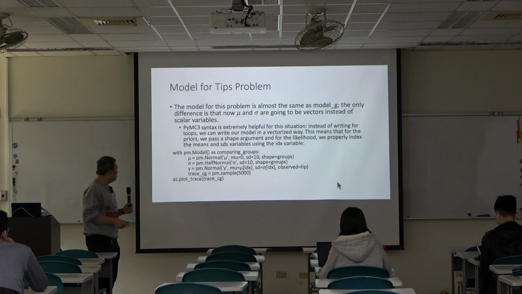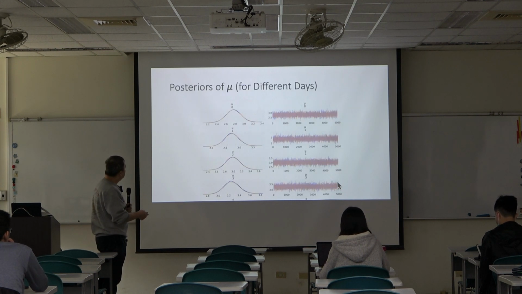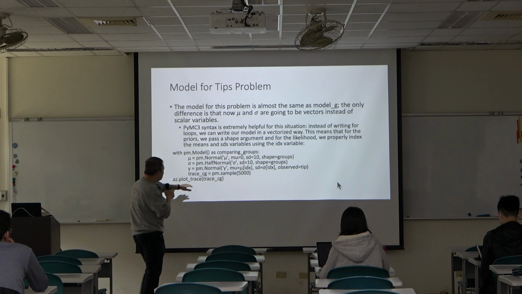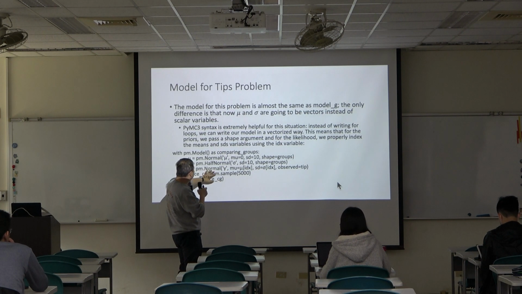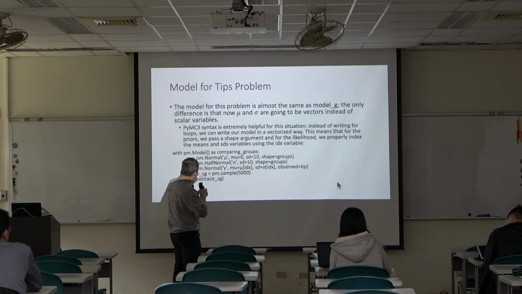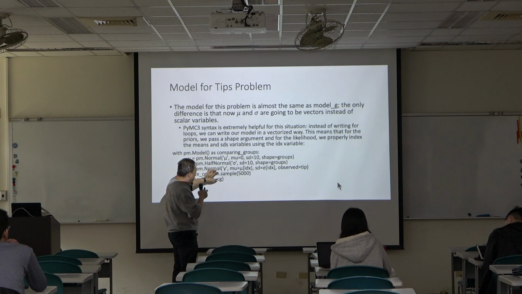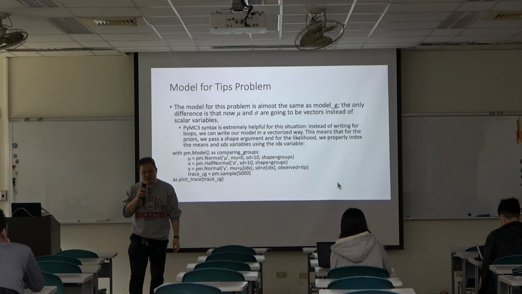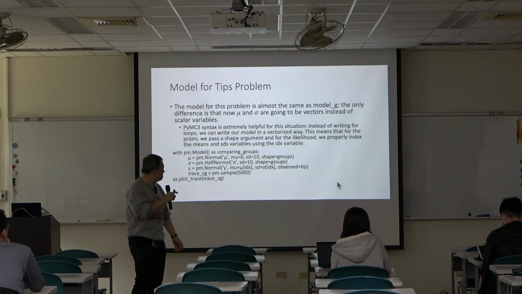So it looks like we have a normal distribution, in which y is distributed as a normal distribution. And because it's a normal distribution, we have mu and sigma.